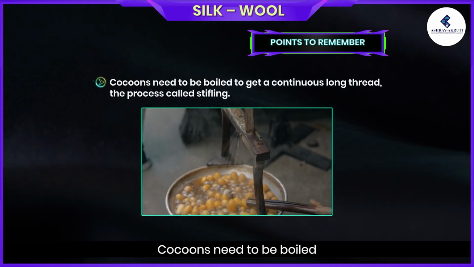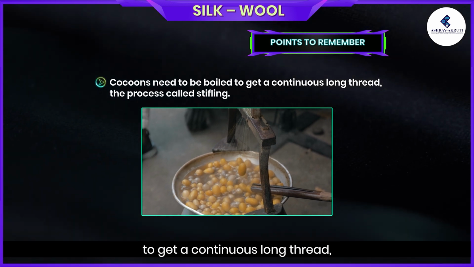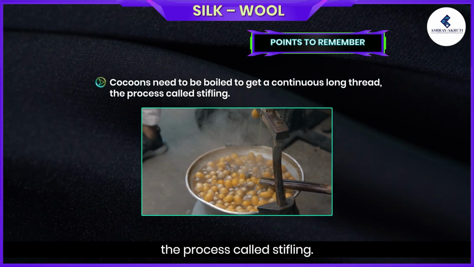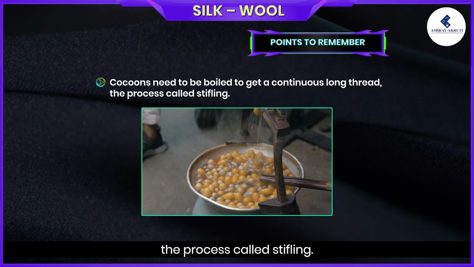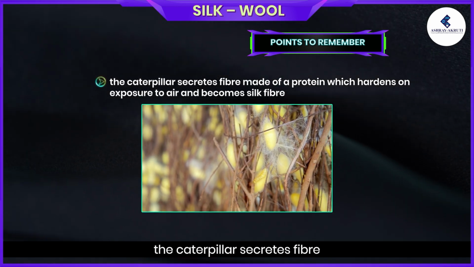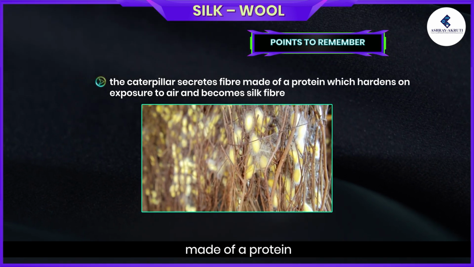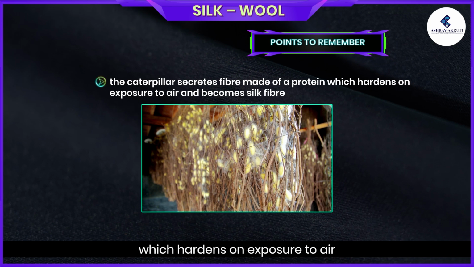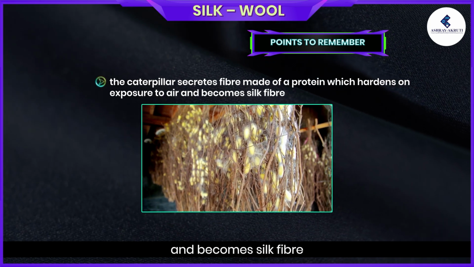Cocoons need to be boiled to get a continuous long thread, the process called stifling. The caterpillar secretes fiber made of a protein which hardens on exposure to air and becomes silk fiber.